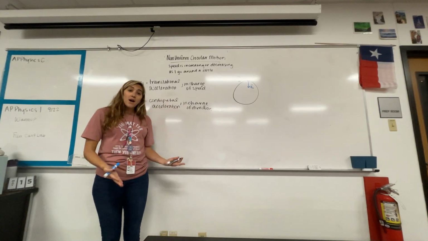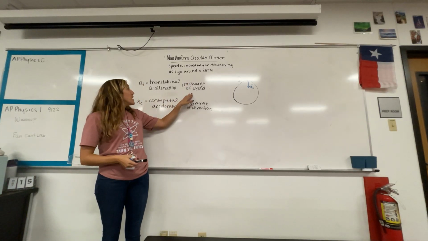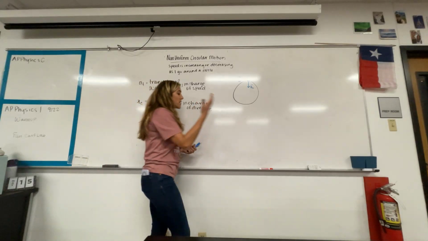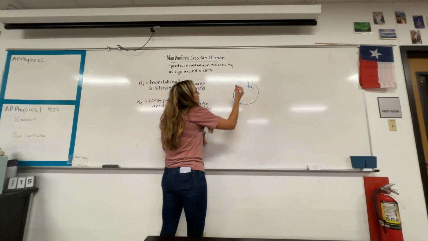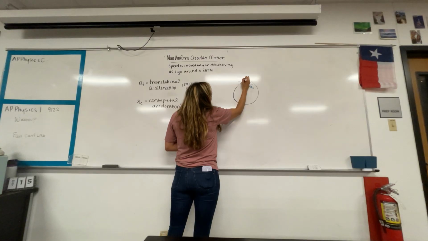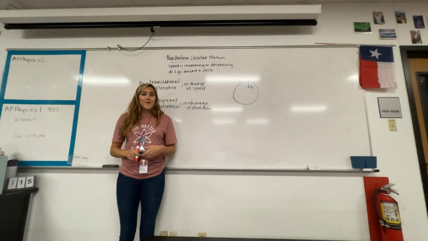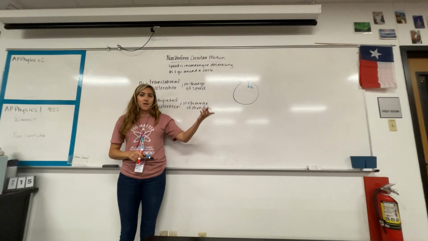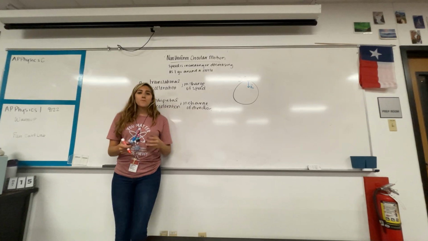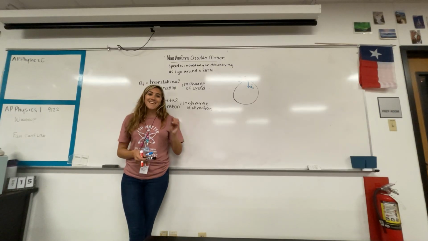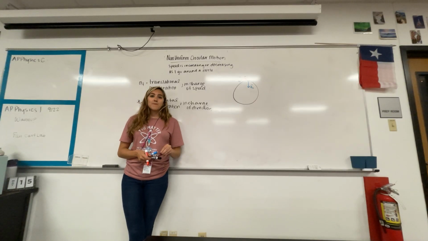Now, if I have non-uniform circular motion and I'm speeding up, translational acceleration, in order for it to work, would have to be in the same direction as my velocity. Or if I'm slowing down, the opposite direction of my velocity, right? Centripetal acceleration is determining change in direction, not speed.